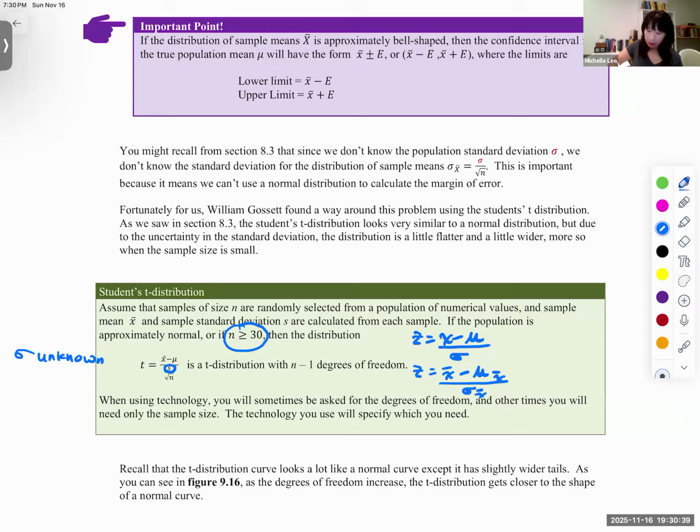Mu sub x bar is mu, and sigma sub x bar is sigma over the square root of n, right? So what's the difference between the t value and the z-score? Only this one. If we know sigma, we use the z-score. If we don't know sigma, we use the t-score, the t value.